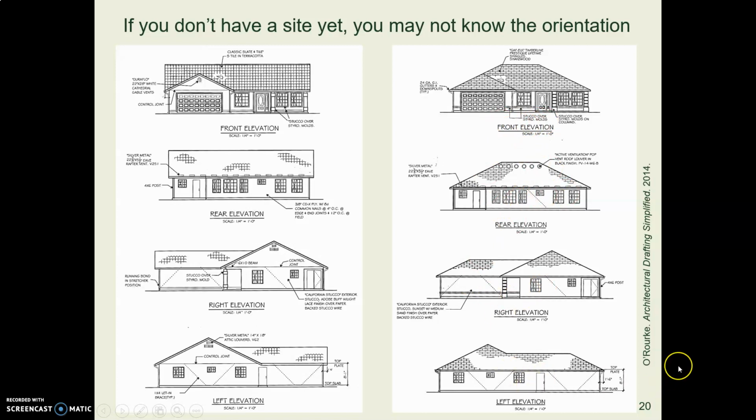I just want to caution you that a building should always be fit to its site. So we don't really want to just draw building objects and plop them down on the land. That doesn't work out too well.